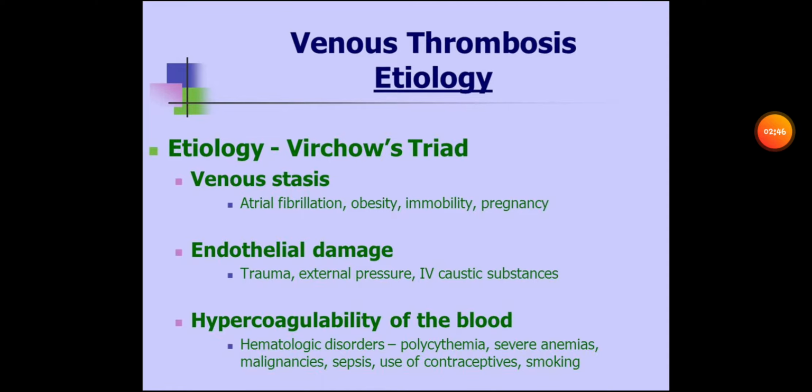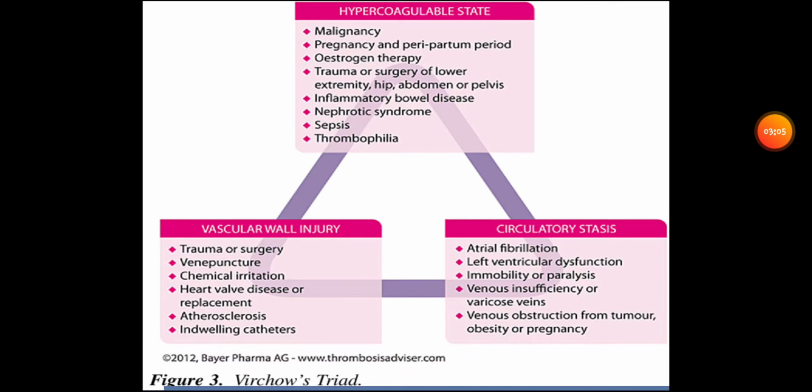Then the third parameter is hypercoagulability of the blood. That can be due to hematologic disorders that lead to increased platelets, so polycythemia, severe anemia, malignancies, sepsis, use of contraceptives, and smoking. This is another diagram mentioning the predisposing factors.